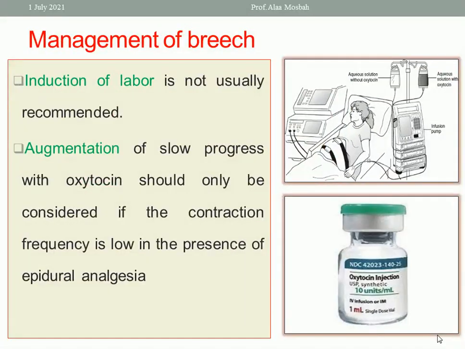Induction of labor is not usually recommended in case of breech presentation, as recommended by the Royal College, while augmentation can be used, like oxytocin infusion, if the contraction frequency is low in the presence of epidural analgesia.